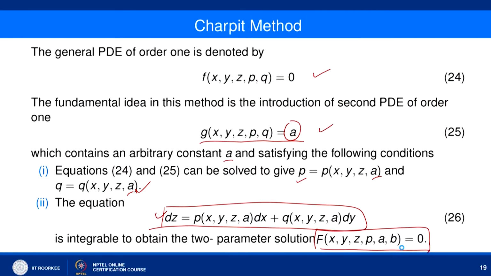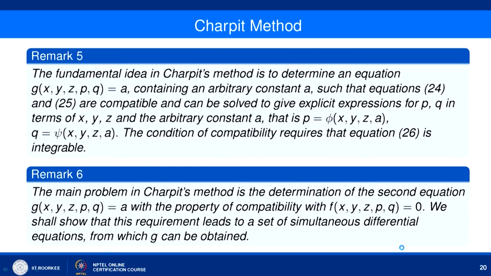So, the fundamental idea in Charpit method is to determine an equation g(x, y, z, p, q) equal to a. Our main problem is how to find a second differential equation which has the following property, that by it we can find the expressions for p and q, and that dz equal to p dx plus q dy is integrable.